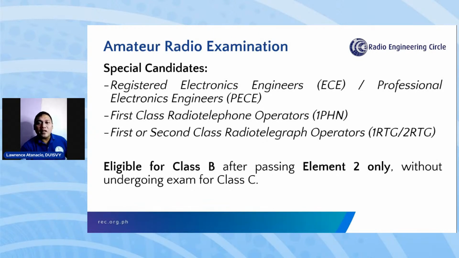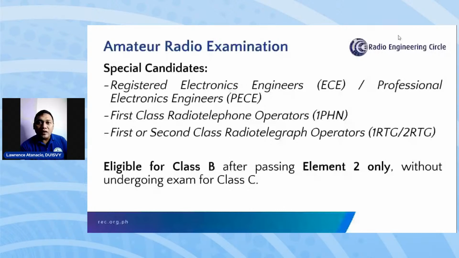So hindi na sila magte-take ng elements 3 and 4, only amateur radio rules and regulations. Pero kailangan siyempre yung kanilang mga requirements dapat valid. So dapat licensed electronics engineer ka. Valid dapat yung mga licenses mo, yung mga documents kasi yun ang number 1 na hahanapin.